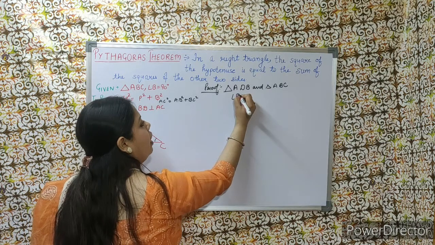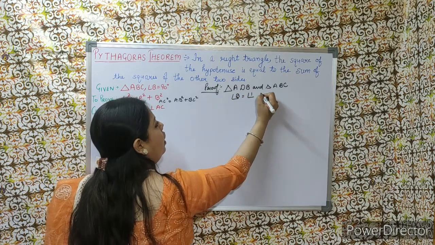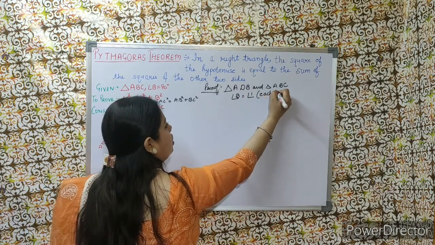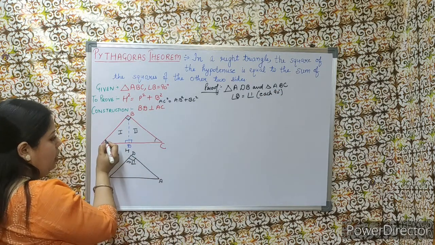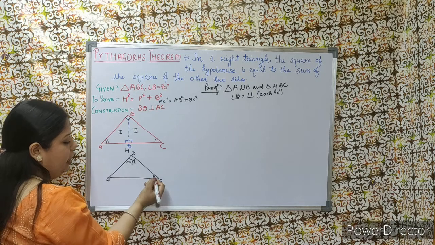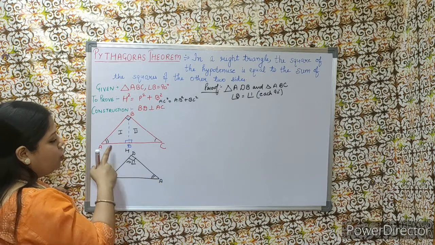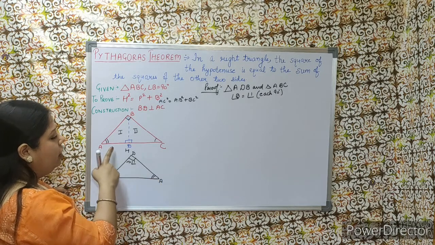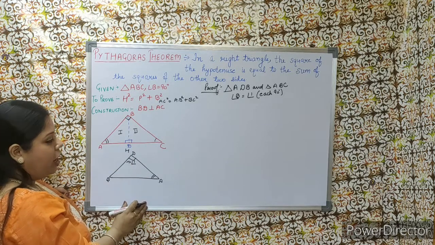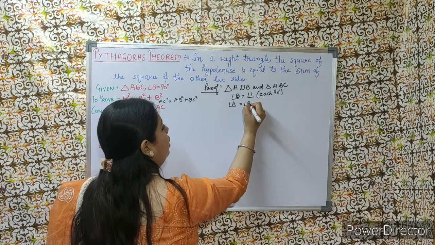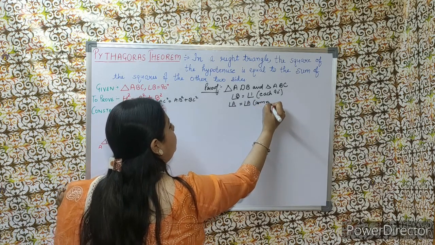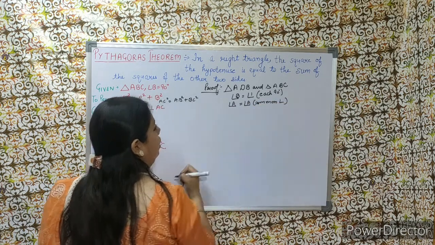So I can write angle B is equal to angle 1, each 90 degrees. Also angle A is here, angle A is also present here. So this angle is common to both the triangles. So I can write angle A is equal to angle A. This is the common angle.